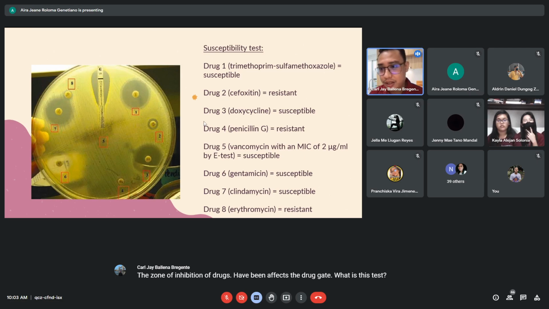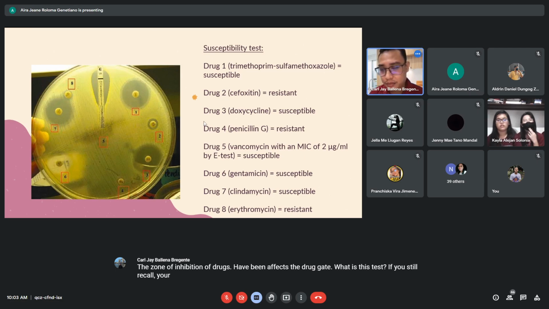If you still recall your antimicrobial susceptibility discussion, what is the test intended for these two antibiotics?